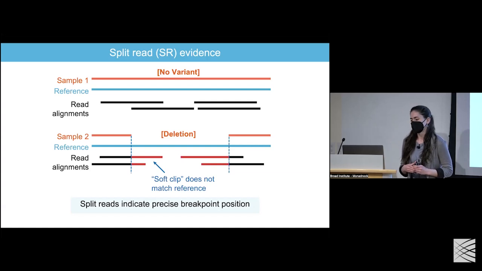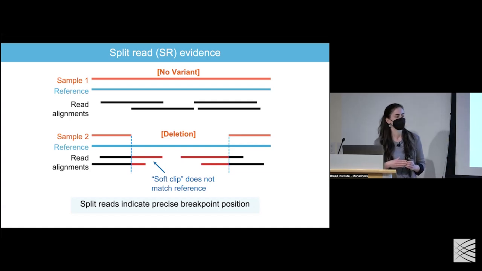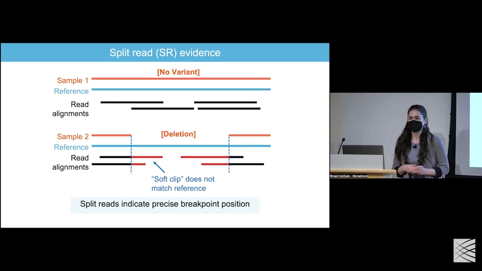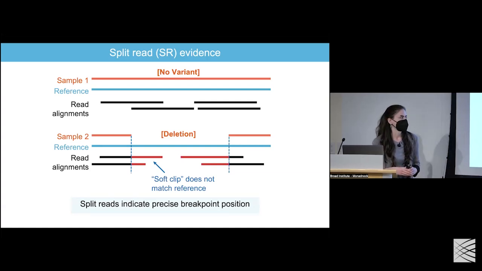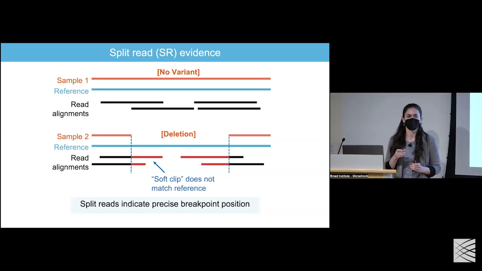But sample 2 on the bottom has a deletion of the middle piece of this region compared to the reference, and the reads only align partially back to the reference. We're illustrating that by the red portion of the read, which represents the mismatch between that read and the reference. That's also called a soft clip or a split read.